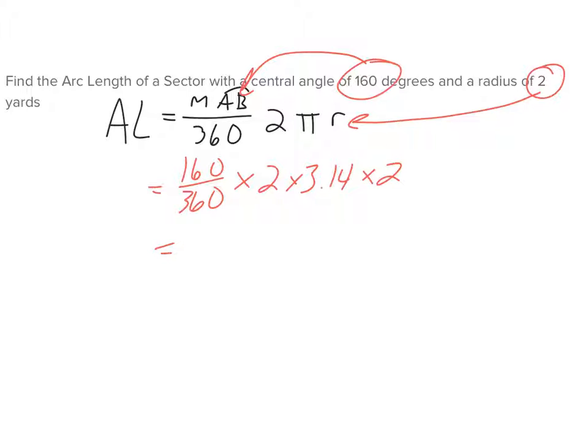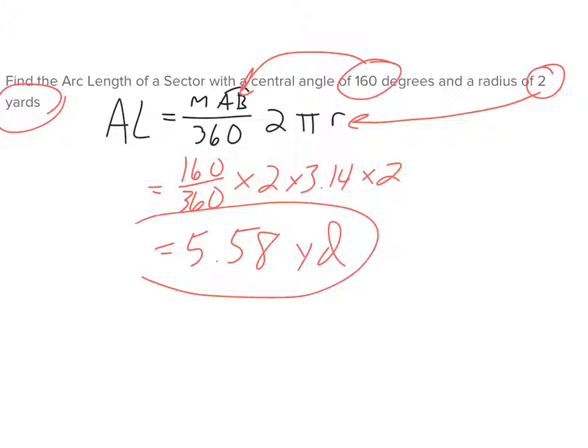If I type that into my calculator just the way I see it, I get my answer of 5.58 and then a bunch of 2's. That doesn't round it up, so I leave it as 5.58. My label is yards, so my arc length is 5.58 yards.